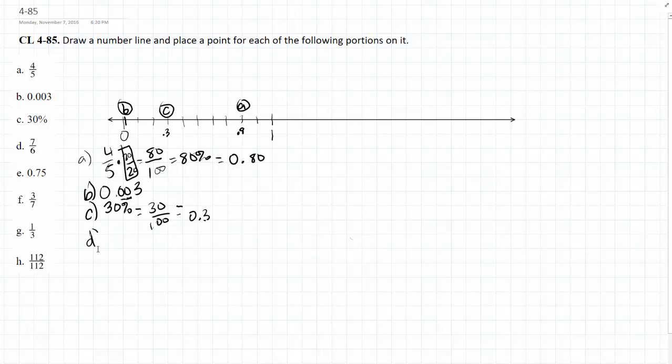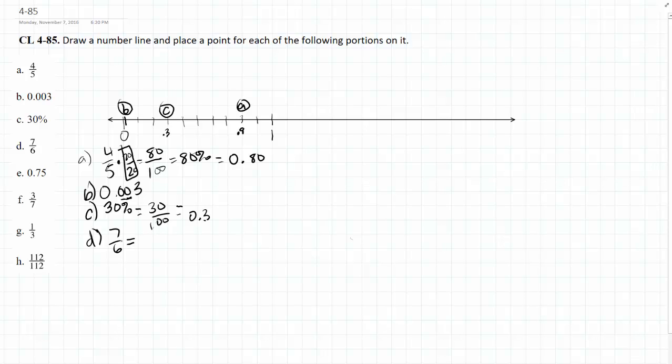Now 7/6. We know that's going to be more than 1, because we have 7 pieces and if it's broken into 6 pieces, that means we have more than 1. So let's break this down.